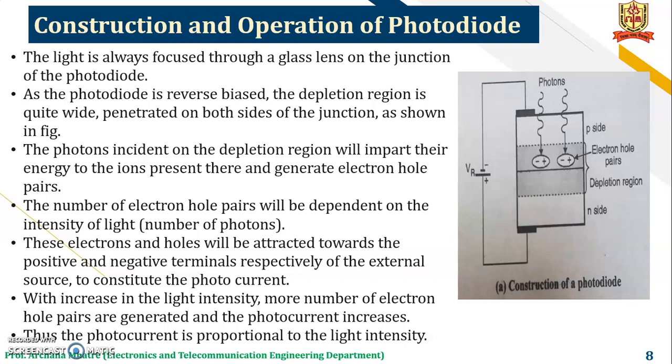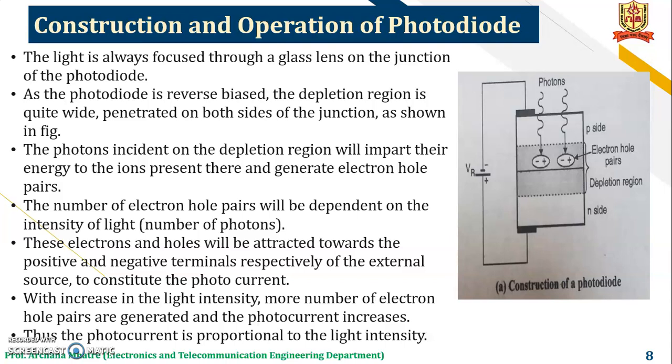The number of electron-hole pairs will be dependent on the intensity of light, that is, the number of photons. These electrons and holes will be attracted towards the positive and negative terminal respectively of the external source and constitute the photocurrent. With increase in the light intensity, more electron-hole pairs are generated and photocurrent increases.